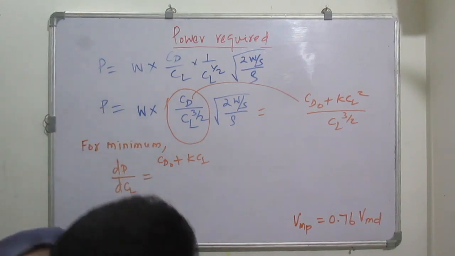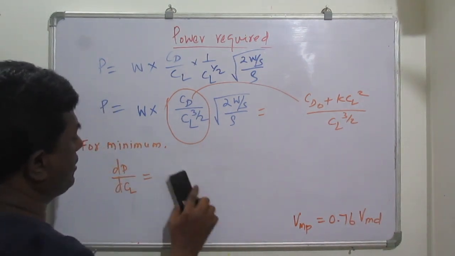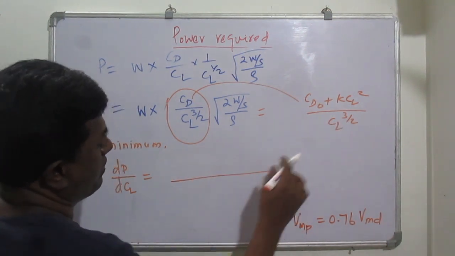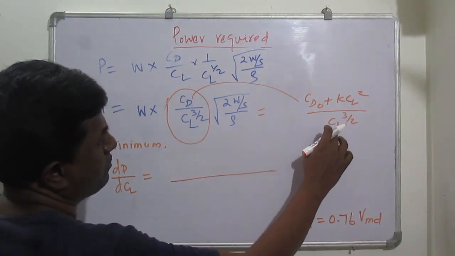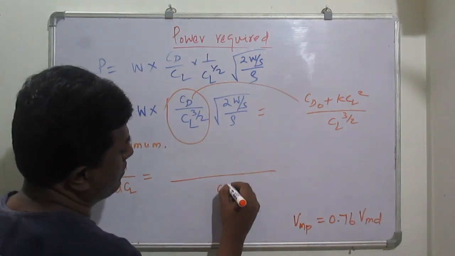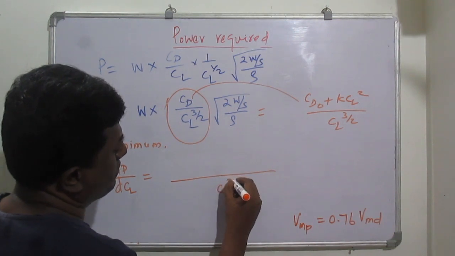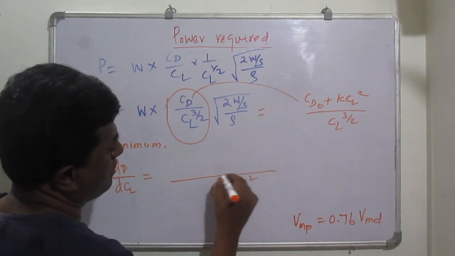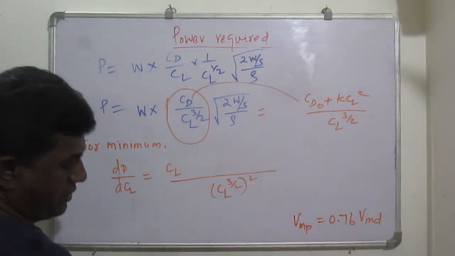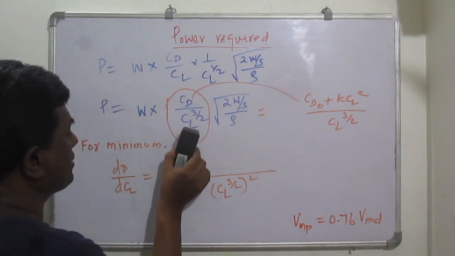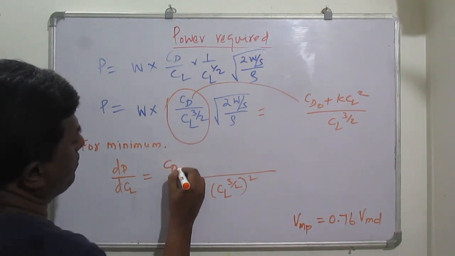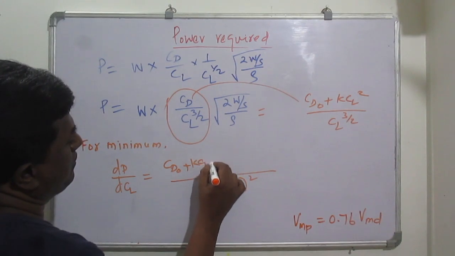So by doing differentiation, we use the U by V formula, so V square, CL power, which is nothing but 3 by 2 whole square, then CD naught plus KCL square.